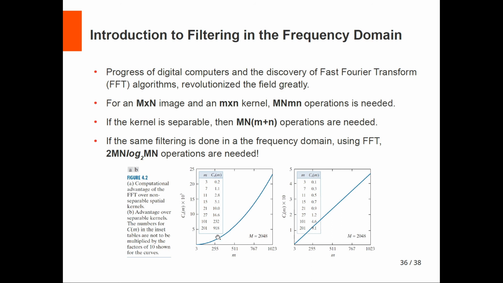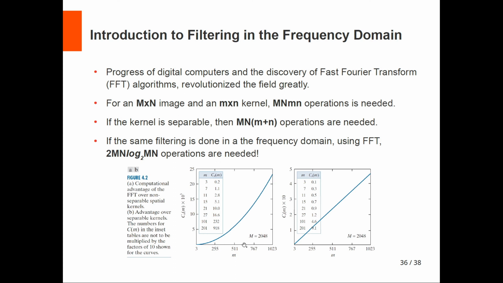The first graph shows the computational advantage of FFT over non-separable spatial kernels. As you can see, for an image of size 2048 by 2048, if we increase the size of the kernel, the amount of computational time is going to increase, but on the vertical axis what we show is the computational advantage.